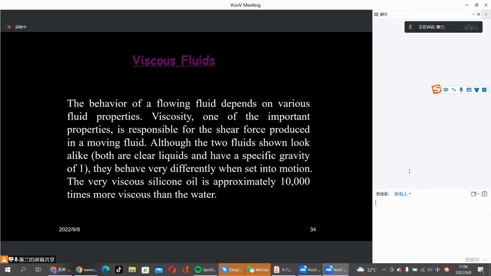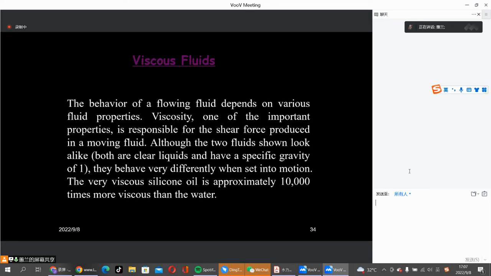But when we pour from one glass to another glass, they behave totally differently. One is easy, you only need 1 second. That's water. Pour water from this glass to another glass, just 1 second. But this one is actually silicone. It takes time. So maybe we can say for these two different fluids, one is easy to deform, and the other is not easy to deform.